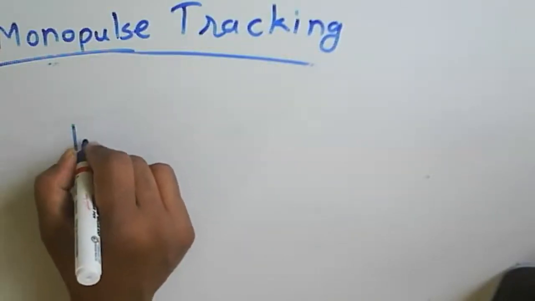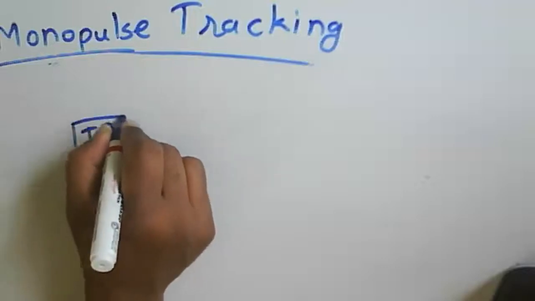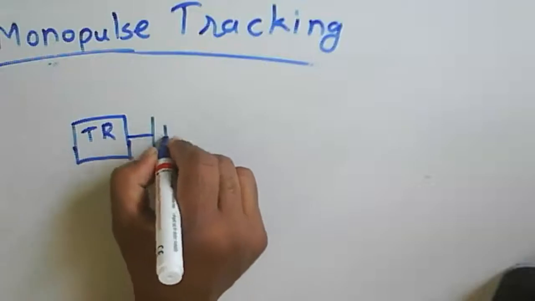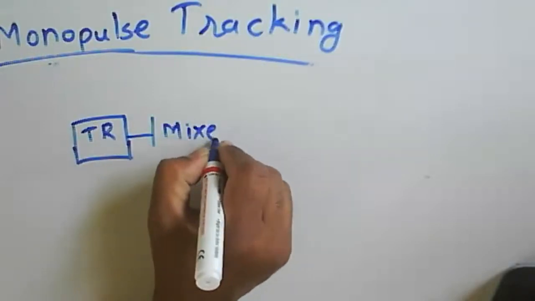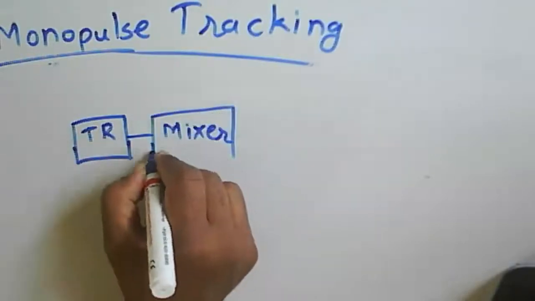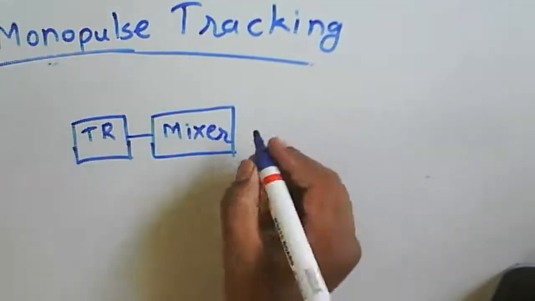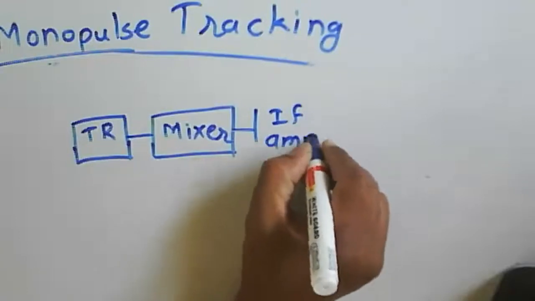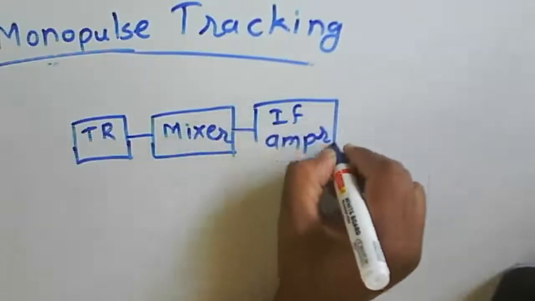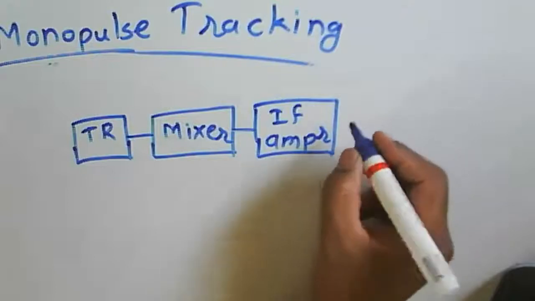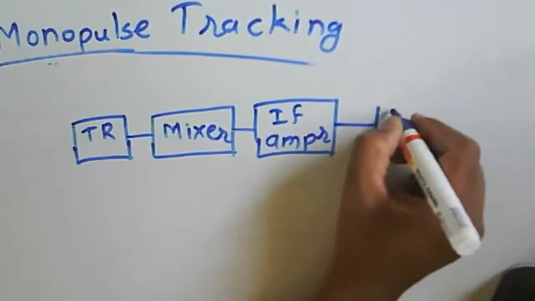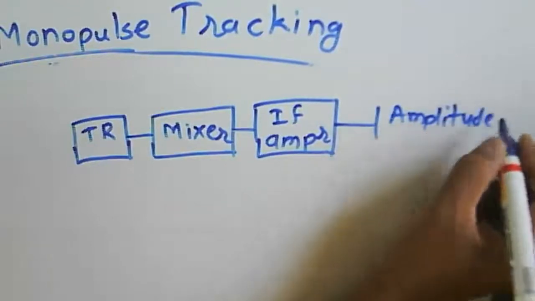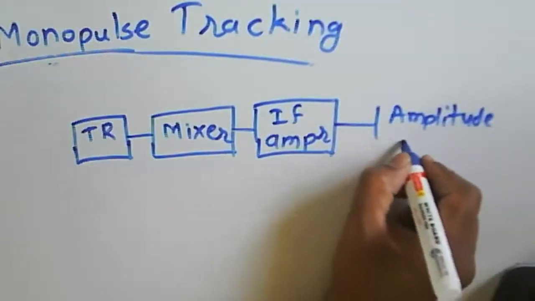So we consider a diagram. This is the transmit receive switch, then a mixer, then an IF amplifier, then an amplitude detector.